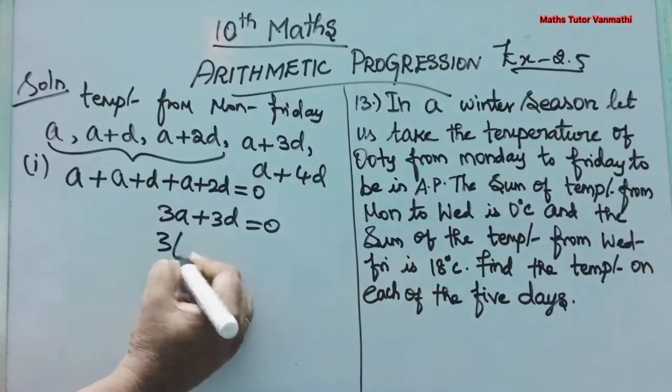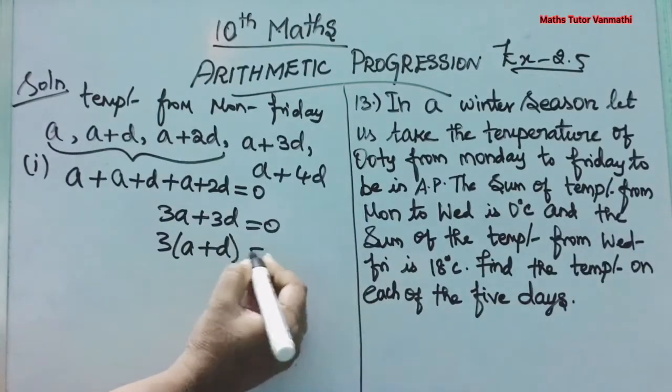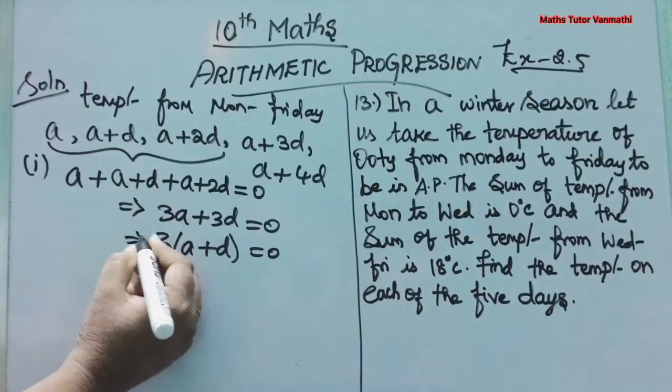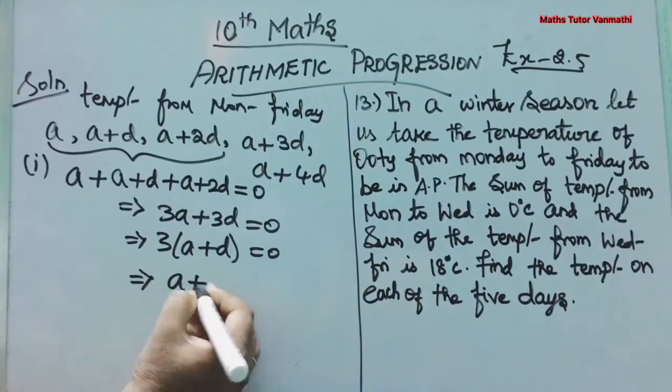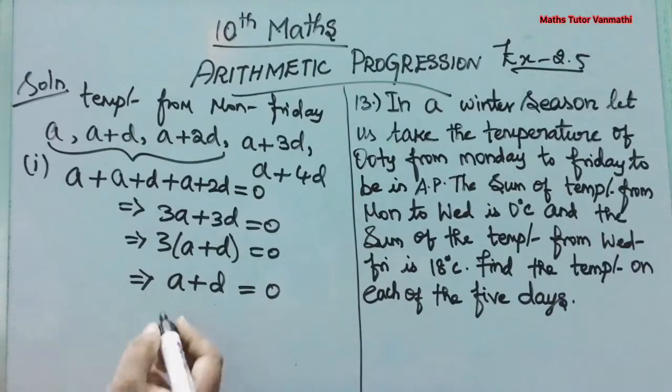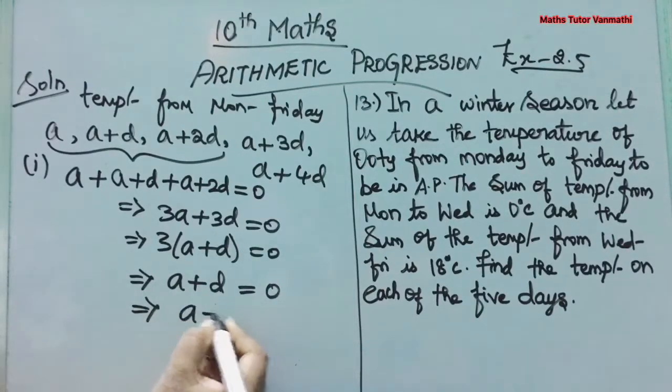From this, we can take this 3 outside: A plus D equal to 0, which implies A is equal to minus D. Clear? What we have done is, in the question, they have said the sum of the temperature from Monday to Wednesday is 0 degrees Celsius, so we are taking that as subdivision 1.